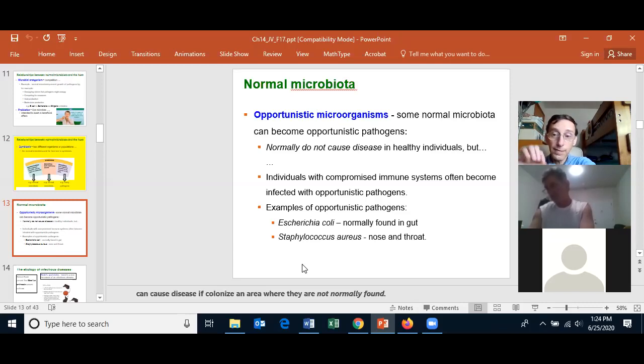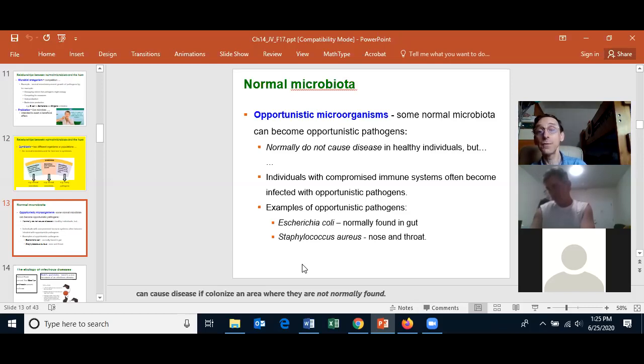Like normally I have Staphylococcus epidermidis on my skin, and if it's growing on my skin, that's fine. But if it causes disease inside my skin, in the tissue of the flesh, of the skin, that would be an opportunistic microorganism, because it doesn't normally grow there. But if I had a puncture wound or a cut, it could invade and cause an opportunistic infection.